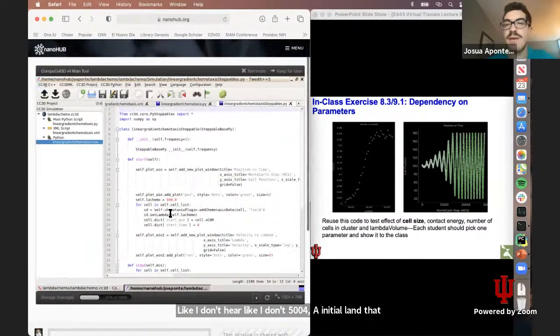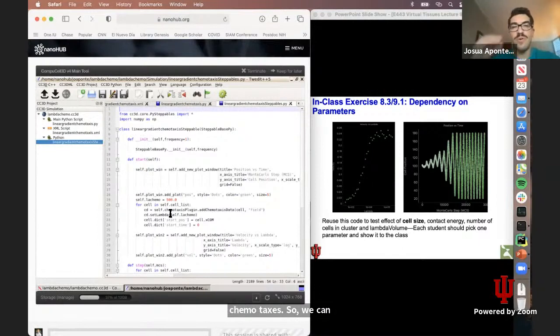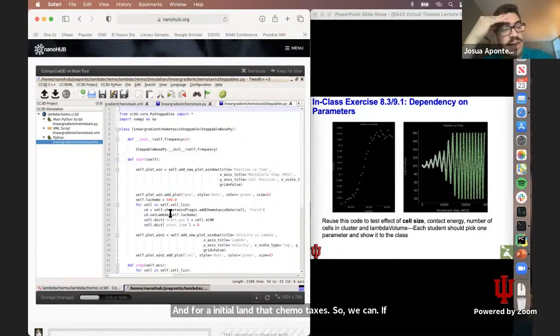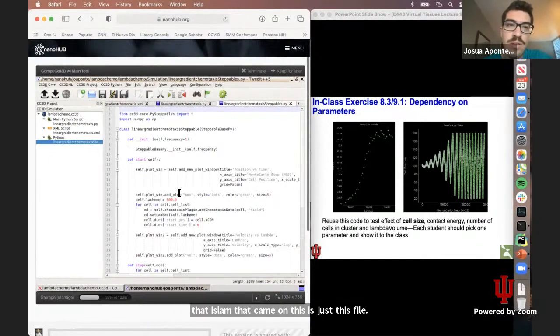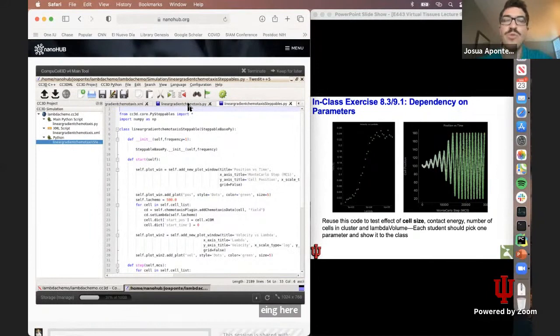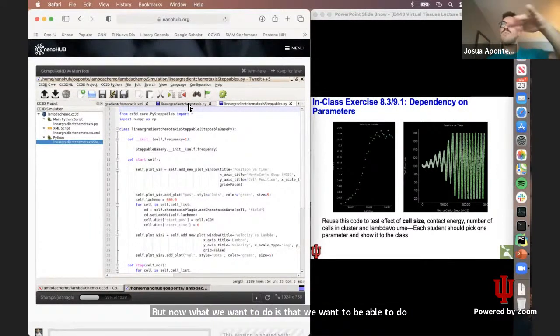If you go to Canvas, in lecture 8 demos, there is lambda chemo, and this is just this script that you are seeing here. But now we want to be able to increase the cell volume when we change the direction of the lambda.